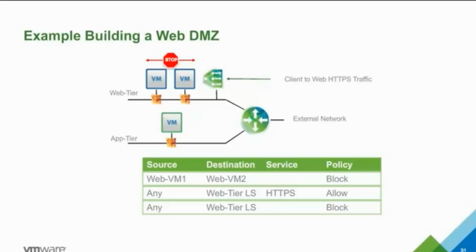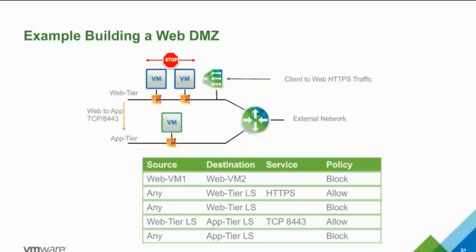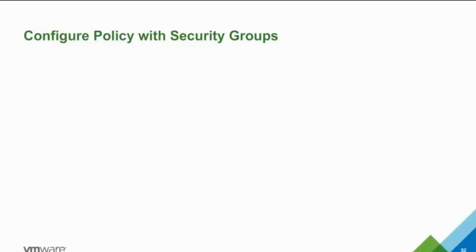I can say, okay, they can talk out HTTPS, and then they can't talk anything else. And then I'm saying now they can talk 8443, maybe this is a reverse proxy down to a Tomcat server on the app tier or something like that, and then block everything else. And it doesn't matter, again, what their IPs are and whether they're on the same subnet or different subnets or any of that. It's enforced logically based on their membership in these security groups.